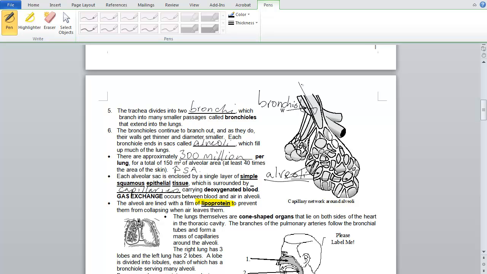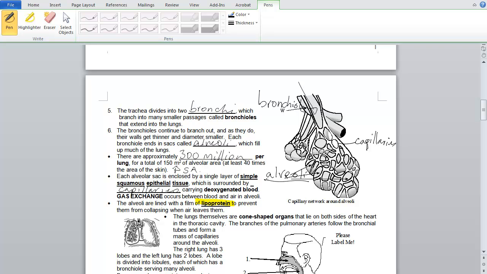So one of them would be alveolus. And covering all of these would all be the capillaries. And this is then where the gas exchange of external respiration is going to occur between the air in the alveoli and the blood in the capillaries.